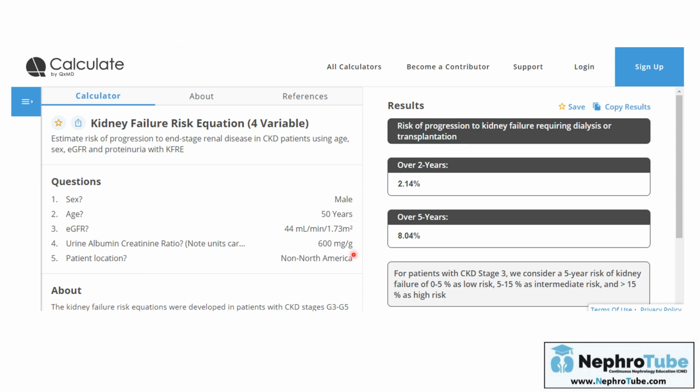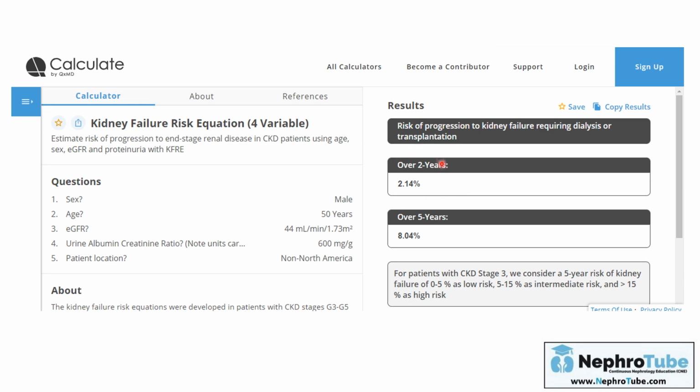Here I put data for one patient, urine albumin creatinine ratio, patient location, and this calculator will give you the risk of kidney replacement therapy over 2 years and over 5 years. For example, this patient, the risk over 2 years is 2.14%, and over 5 years it is 8.04%.